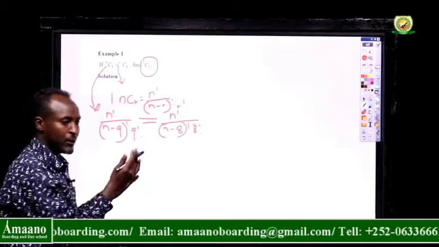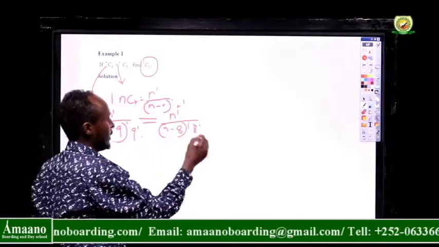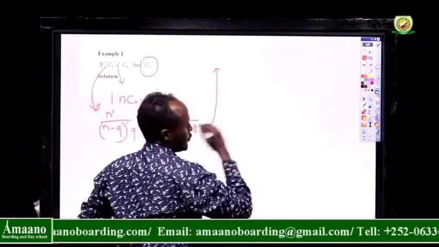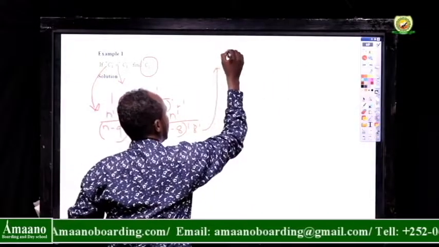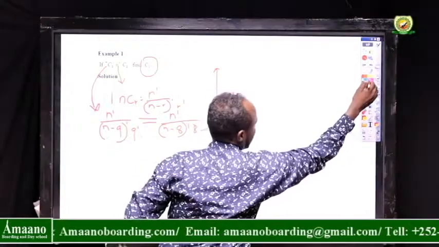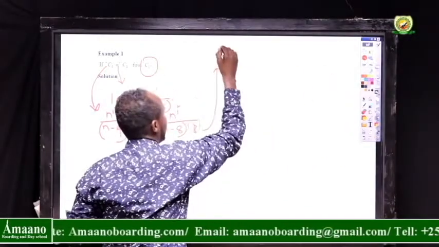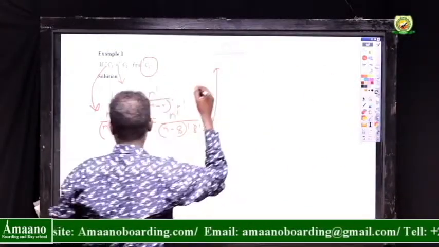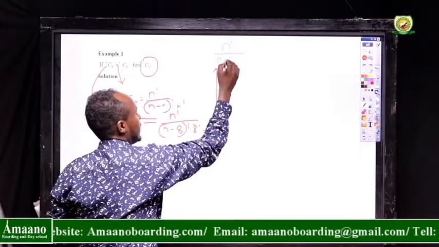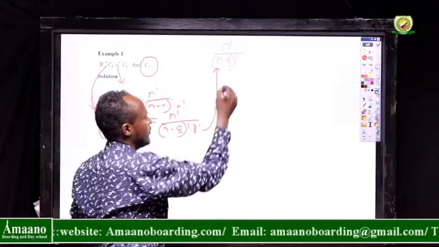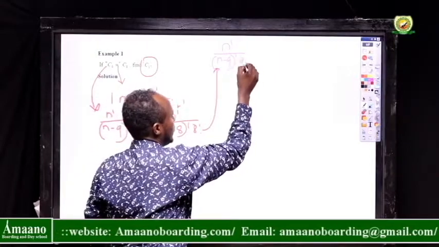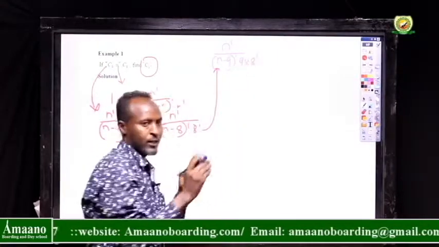This 9 factorial can be simplified, let us go to this side to proceed. We have from here n factorial divided by, this one doesn't change, but 9 factorial can be simplified as 9 times 8 factorial. You can stop at 8 factorial.